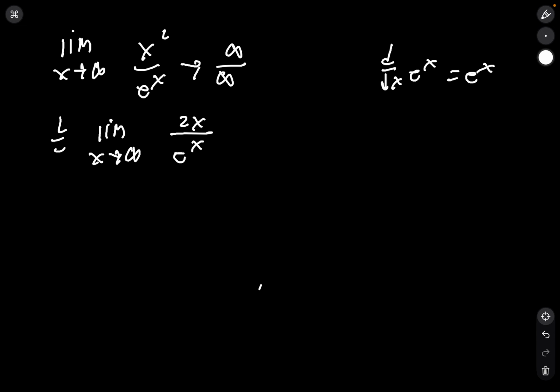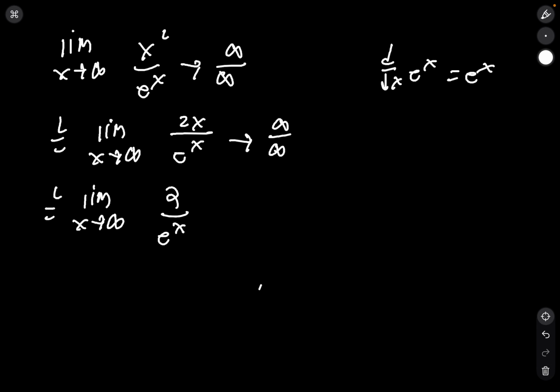So essentially, you might find a pattern: we plug infinity into both of these functions again, and you get the same thing of infinity over infinity. What do you do? You just do it again. This time, the derivative of 2x is just 2 over e to the x.